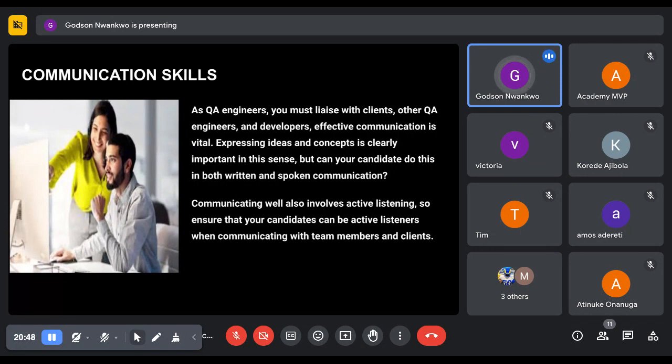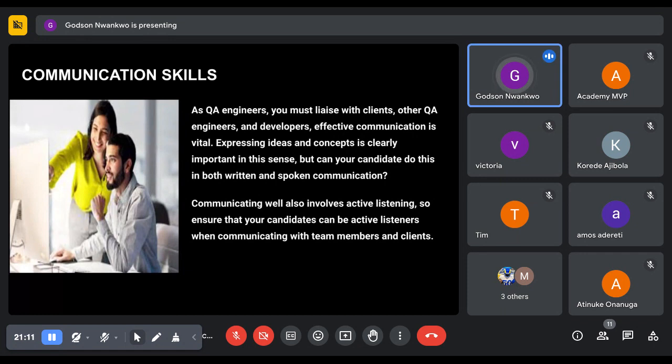In the software development life cycle of any application at all, you have to liaise or talk with engineers and every important stakeholder.